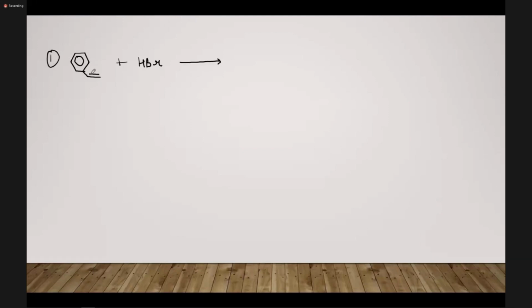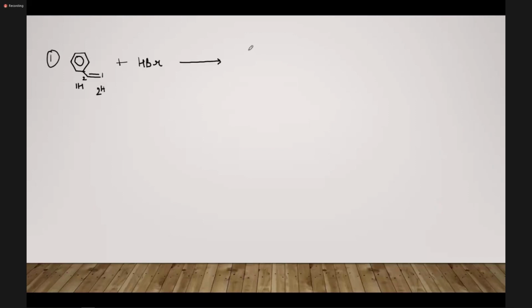This carbon will have two hydrogens, the carbon number 1 will have two hydrogens, and this carbon number 2 will have only one hydrogen, because there are 3 bonds. Okay. So according to the Markovnikov's rule, the hydrogen will get attached to the first carbon and bromine to the second carbon.